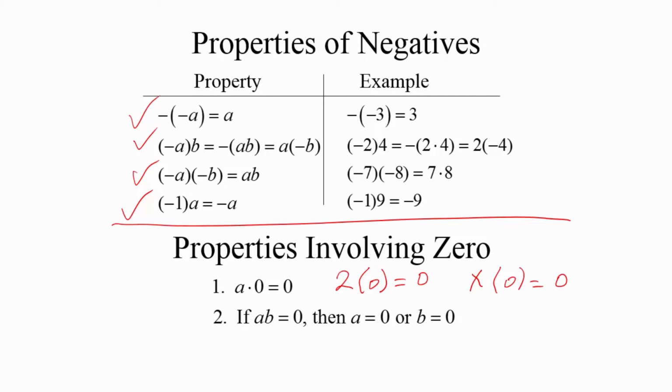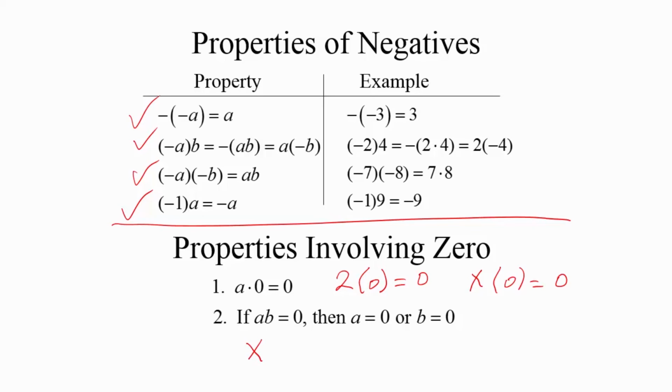The second property says if a times b is equal to 0, then either a is equal to 0 or b is equal to 0. If the product of two real numbers is equal to 0, either the first number has to be 0 or the second number has to be 0. So this would apply again to x and y, for example.